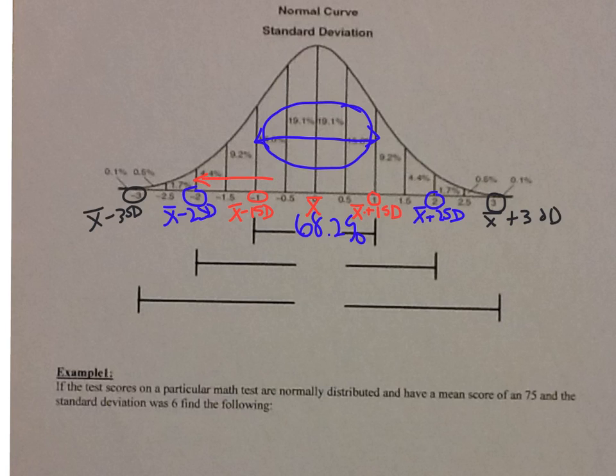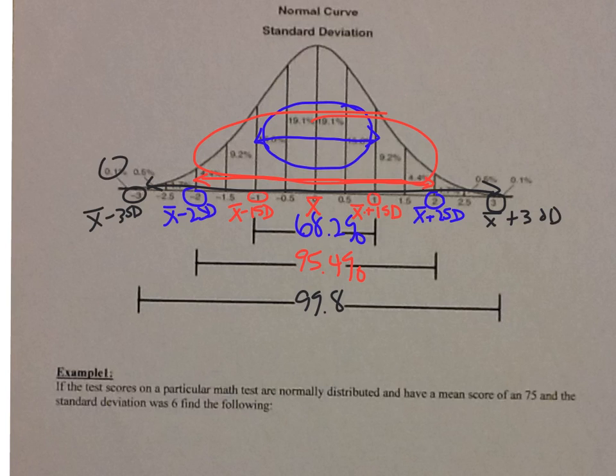From here to here, if I add up all the scores, that would be 95.4% of the scores. And then from the ends, here, from 3 standard deviations, if I add up all those percents, that's 98.9% of the scores. And that kind of makes sense because on the outside I have 0.1 and 0.1.